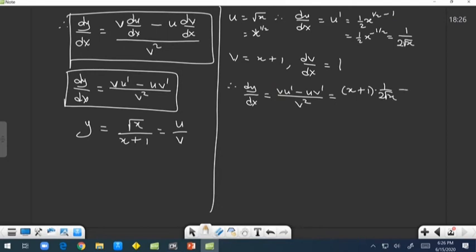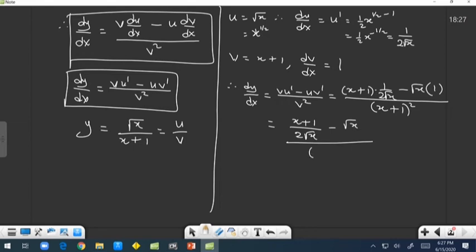Our u here is root x, in brackets, v prime. v prime is 1. So we have 1 divided by v squared. v squared is x plus 1 all squared. So when we simplify that, we have x plus 1 over 2 root x minus root x, all divided by x plus 1 all squared.